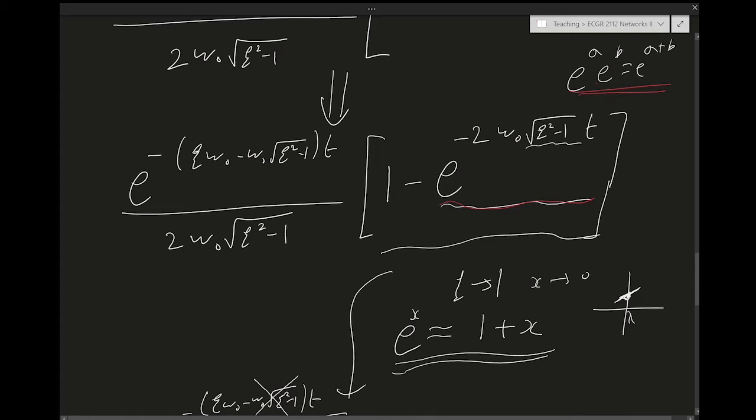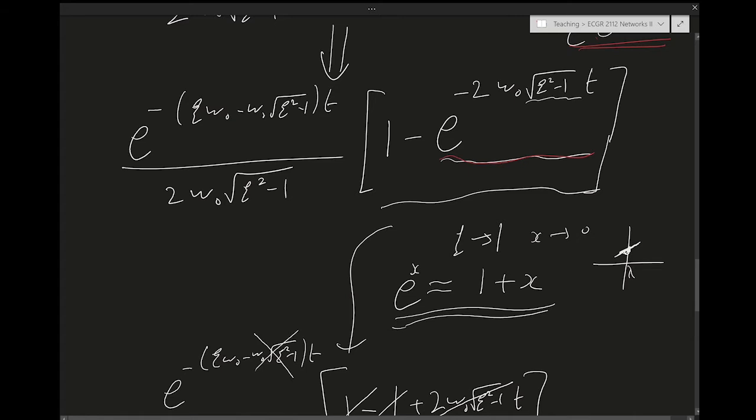Remember, we discussed this, I think, in lecture 3 or 4, I don't remember exactly, but we said any exponential function, we can approximate in a region close to 0 by a line segment. The approximation is 1 plus some slope times x, and for the exponential function, that approximation is 1 plus x. So for small values of x, we can approximate e^x as just 1 plus x.